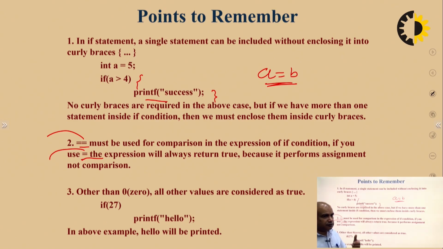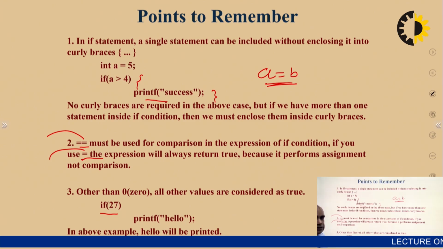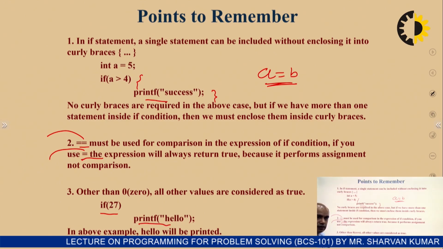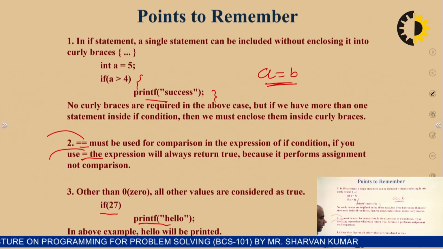If the value is 0, it means the condition is false. Except 0, all other values are considered true. So if I write if (27), it means the value is not 0, so the condition is true inside the if. This print will execute, and we will see hello printed on the output screen.